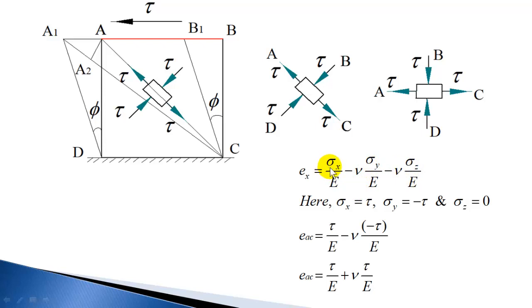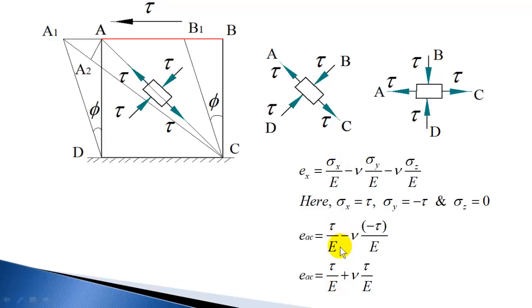So along the x direction you have stress tau. So sigma x is tau, and in the y direction, since it is compressive, you have to take minus tau. So sigma y is minus tau, and in the z direction there is no load, so sigma z is 0. So this term is 0, sigma y is minus tau, sigma x is tau.